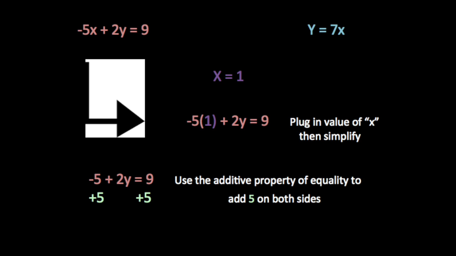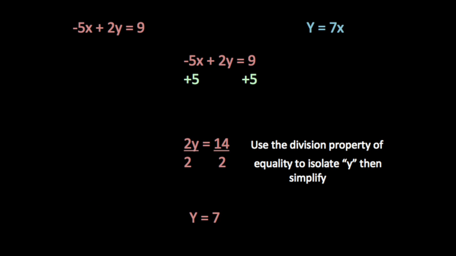Using the addition property of equality, adding 5 on both sides turns into 2y equals 14. Now divide by 2 on both sides using division property of equality. Now you have y equals 7. Our solution for this equation is 1, 7.